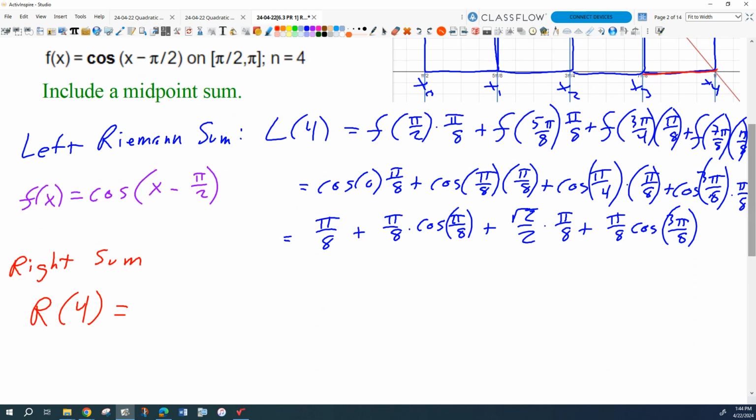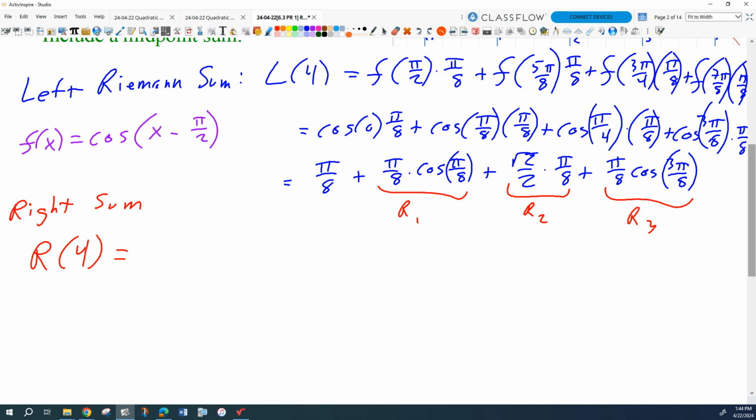The right sum then is just going to be this guy, plus r sub 1. There's our second right rectangle, right? Does that make sense? Here's our third one. And our last one is just 0. Everybody get that?